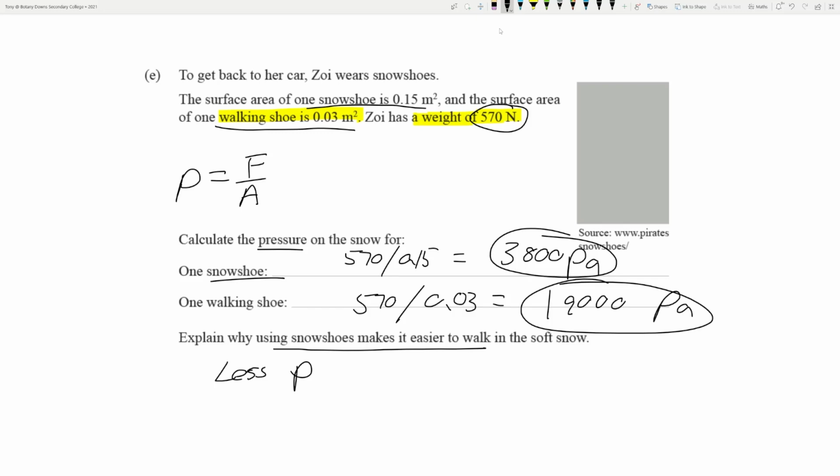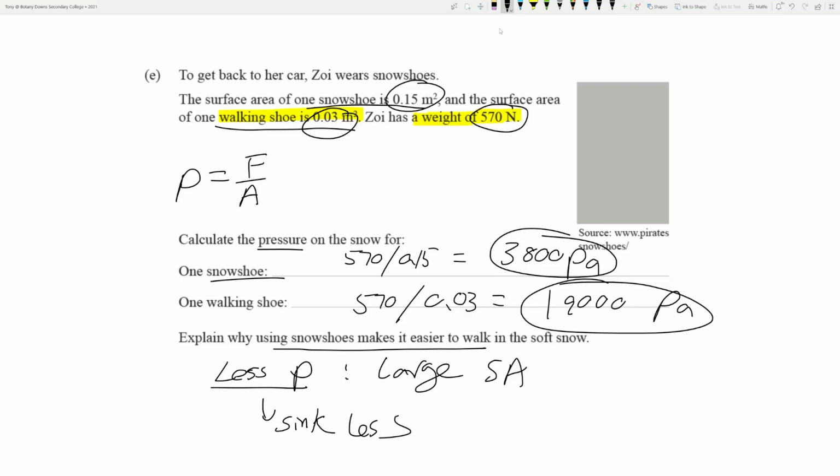And why does it have less pressure? Because it has a larger surface area, which you can see here. This number 0.15 is bigger than 0.03. So we have a larger surface area. That means we have less pressure, and that means you will sink less.